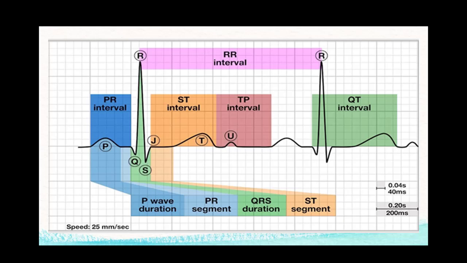Okay, that's your PR interval or PR segment. Then the QRS is from when it leaves the baseline to make the Q wave and all the way through the R, the S, and when it hits the baseline again, that's our QRS. It should be 0.04 to 0.12.